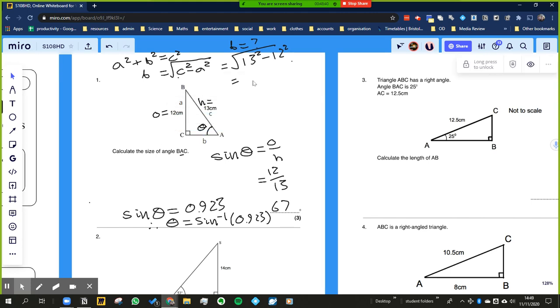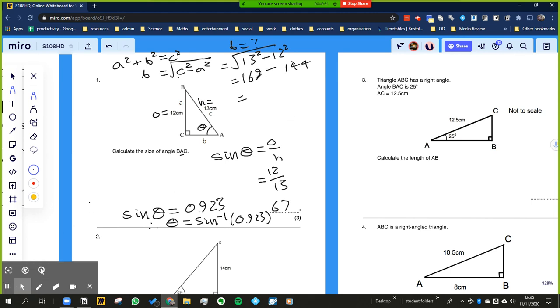When I tap that into my calculator, that's going to be the square root of 25, which is 5. So b is equal to 5. So that's the difference between Pythagoras and trigonometry. Trigonometry is when you're considering angles of a right angle triangle, and Pythagoras is when you're only considering the 3 different sides of a right angle triangle.